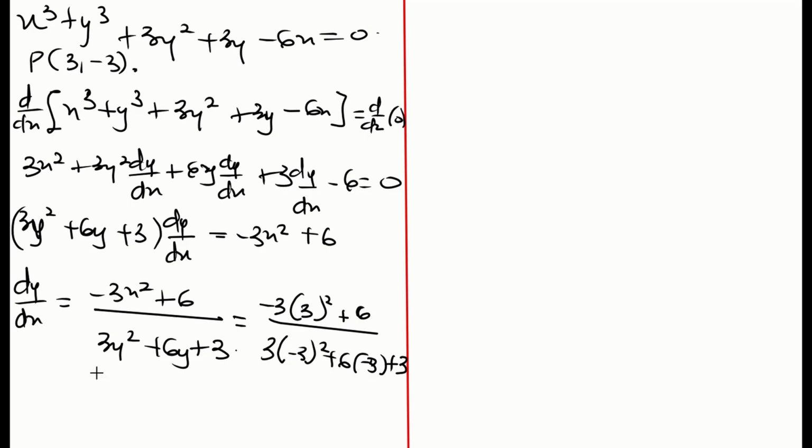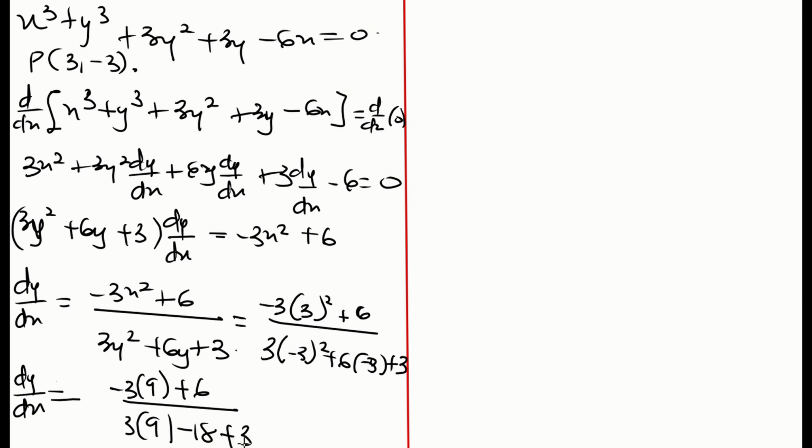So dy/dx is equal to minus 3 into bracket 9 plus 6, all over 3 into bracket 9 minus 18 plus 3.